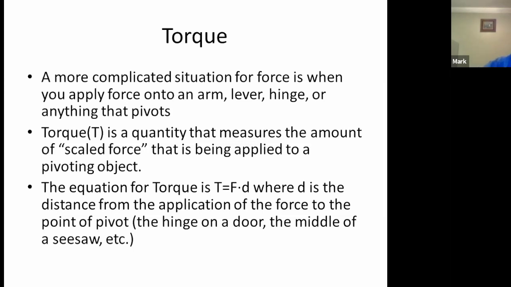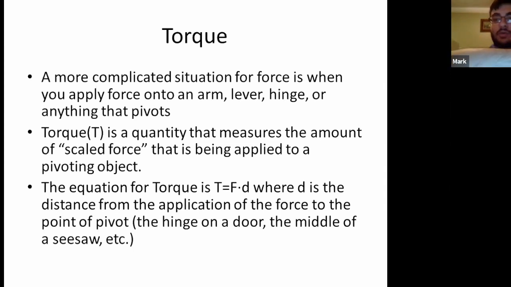It looks like a T, but it's actually a tau, a Greek letter that looks very similar. Tau is equal to force times distance. Distance measures the distance from the application of the force to the point of pivot. For example, going back to my arm, the elbow is the point of pivot. So if I apply a force here, it's a very short distance from the pivot point.